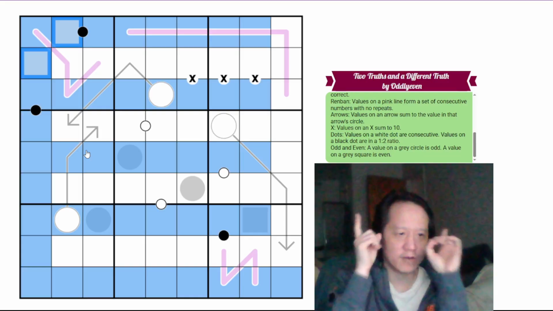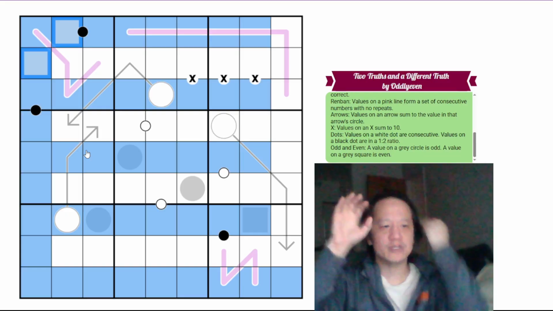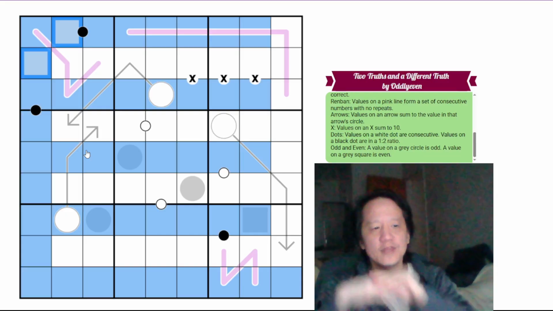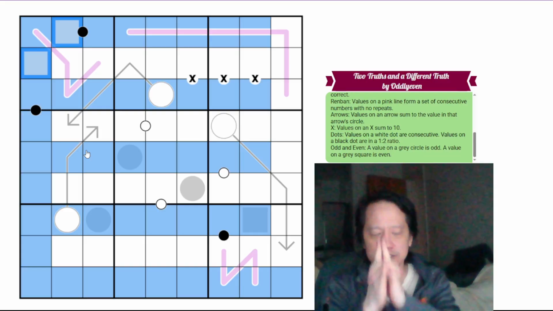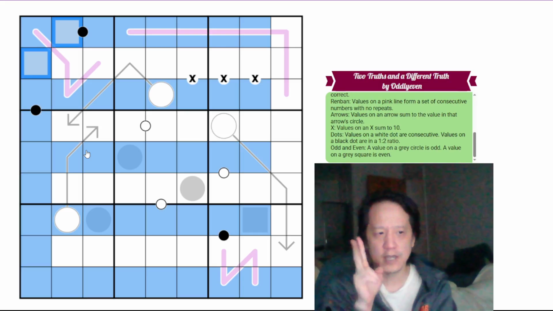Dots, you have the white Kropke dots and then the black Kropke dots, because those are going to be distinctly different rules. So when the shaded cells are basically considered doublers, 2 of the clues are going to be correct, and then 1 clue is going to be incorrect.